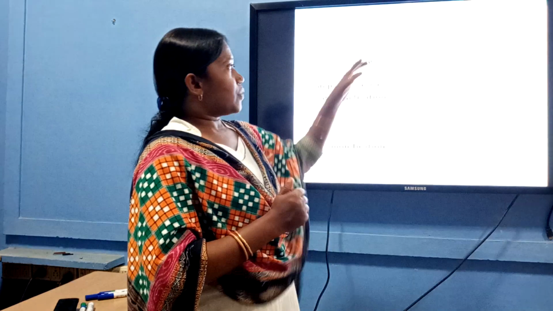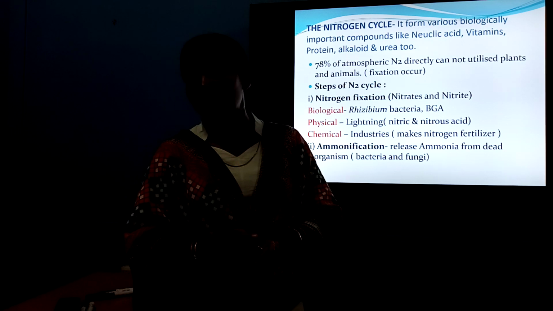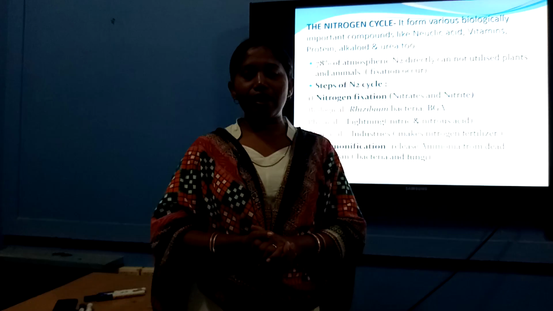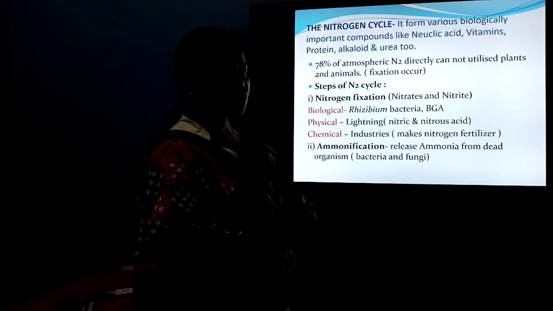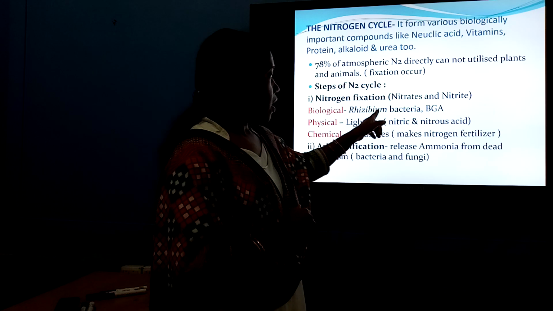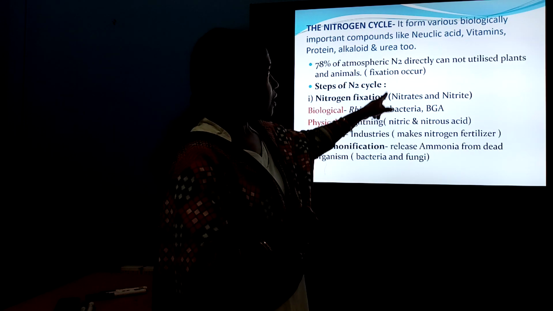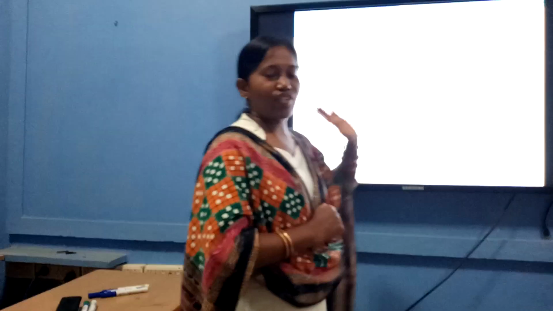The 78% of atmospheric nitrogen cannot be directly utilized by plants and animals. Therefore, fixation occurs. The first step of the nitrogen cycle is nitrogen fixation, during which atmospheric nitrogen is changed into nitrates and nitrites.